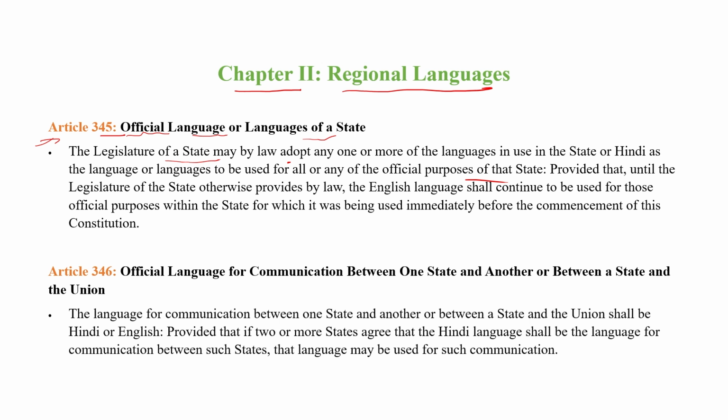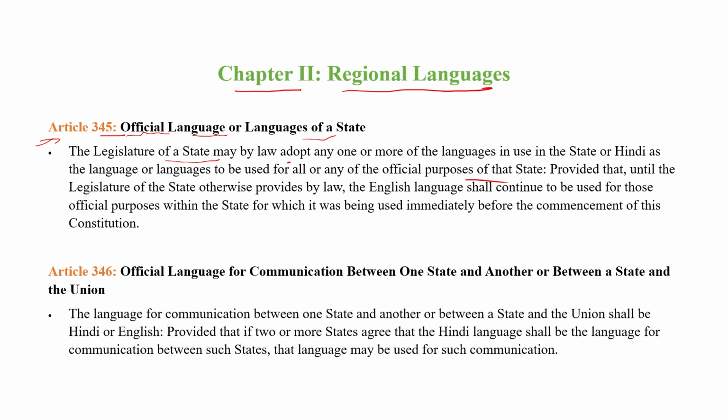It also says that until the language for a state is provided, till then English will continue as the language of the state for its official purpose. So there are two clauses in Article 345. The first clause says that a state can adopt any one or more than one language, or can adopt Hindi.